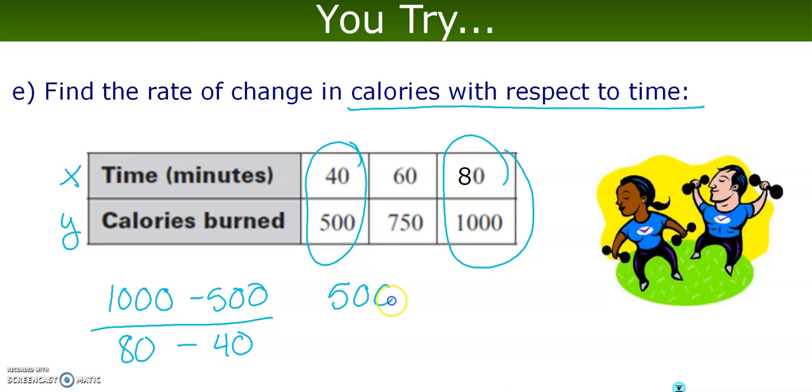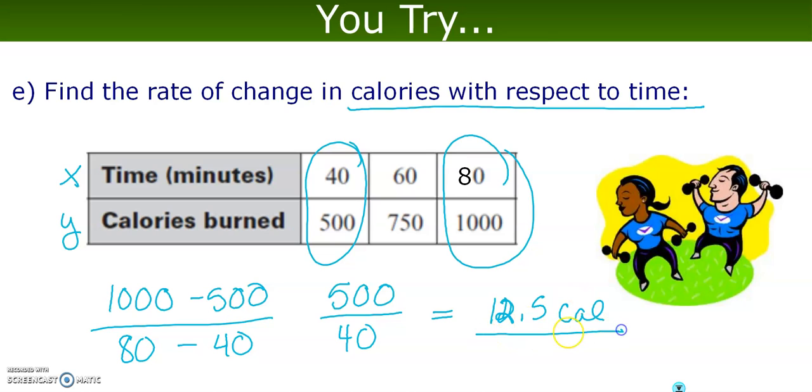We get 500 over 40. We can go ahead and reduce, or we can grab our calculator and divide right away. 500 divided by 40 will give us 12.5.